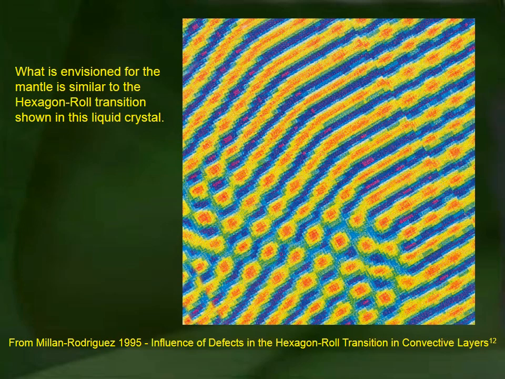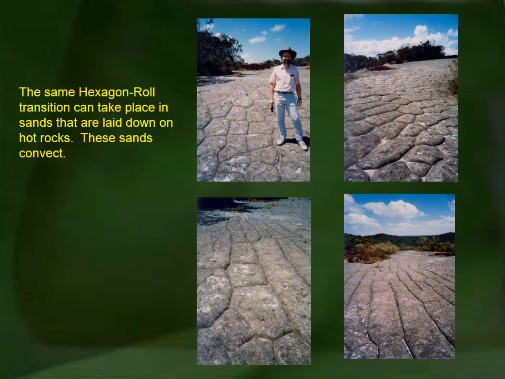What is envisioned for the mantle is similar to the hexagon roll transition shown here in this liquid crystal. The hexagon roll transition is generated in this case by defects. The same hexagon roll transition can take place in sands that are laid down on hot rocks.